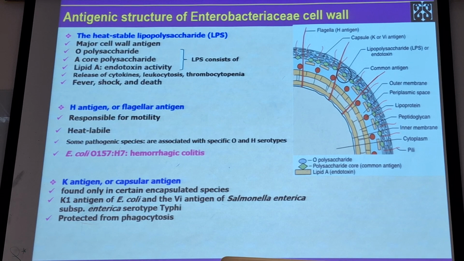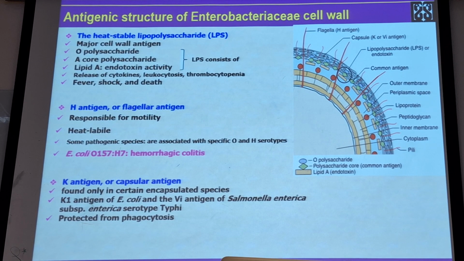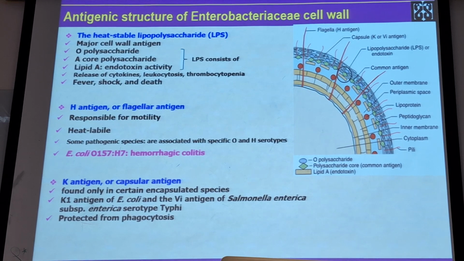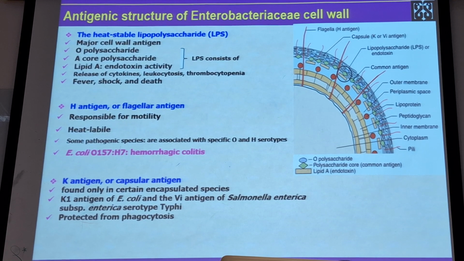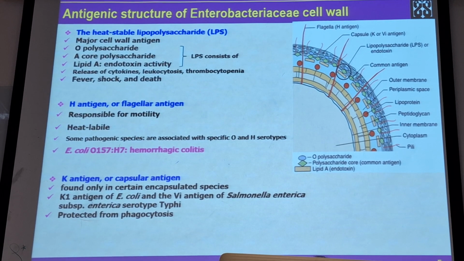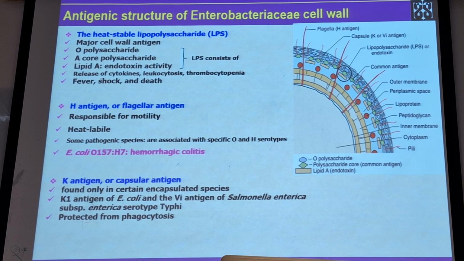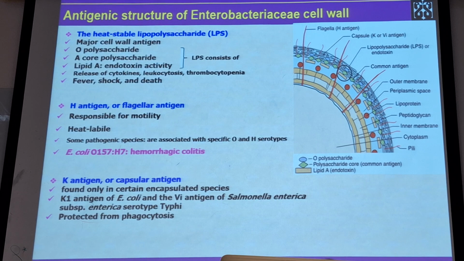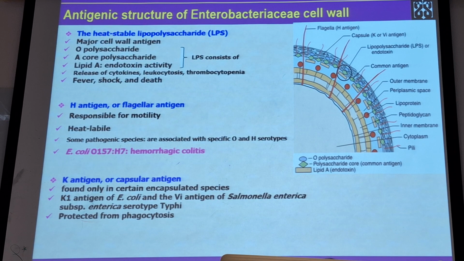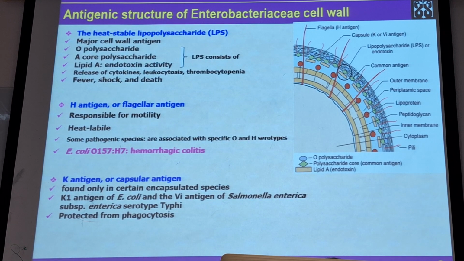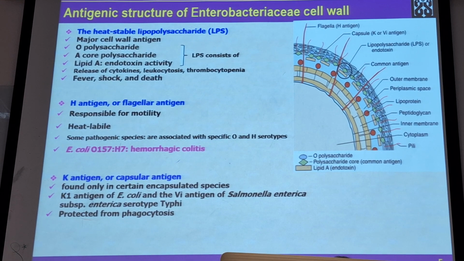The second structure is the H antigen, or flagellar antigen. This antigen provides motility for Enterobacteriaceae. It is heat labile.